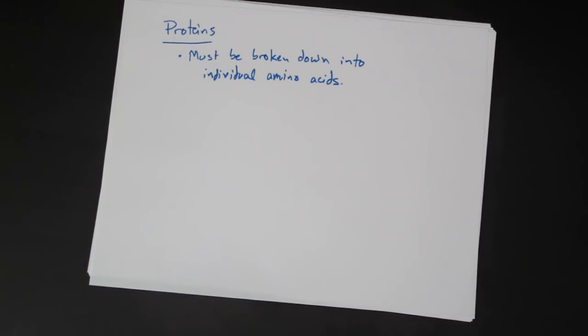If you think about it, the majority of your protein store is muscle, and you really don't want to start breaking down muscle for fuel. The only time you might do that is during starvation or something like that. But we will metabolize some dietary protein, so it's worth mentioning this.